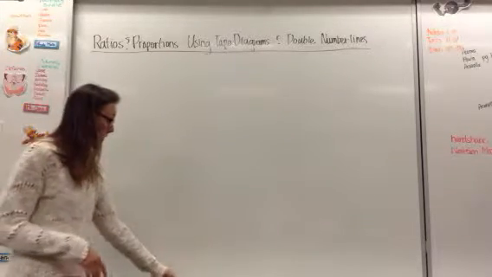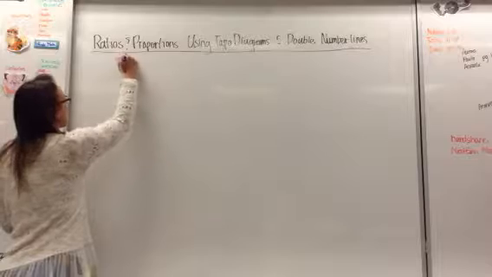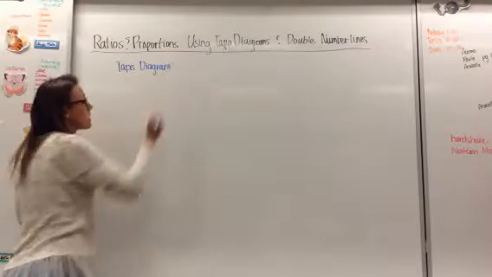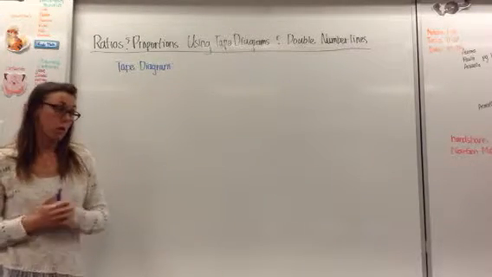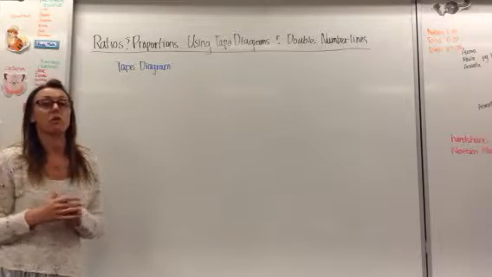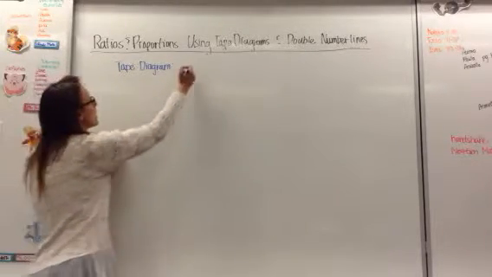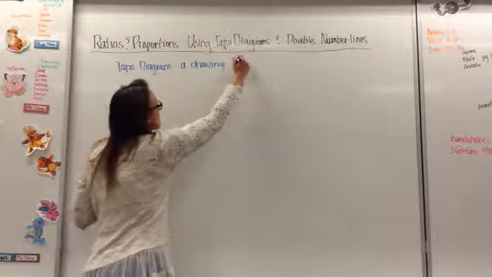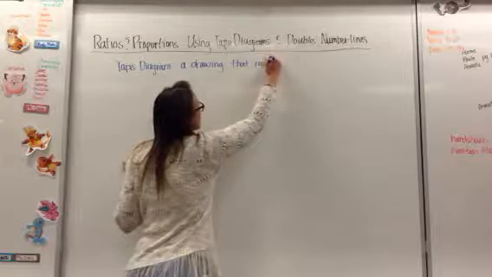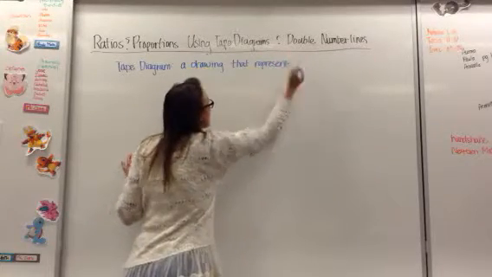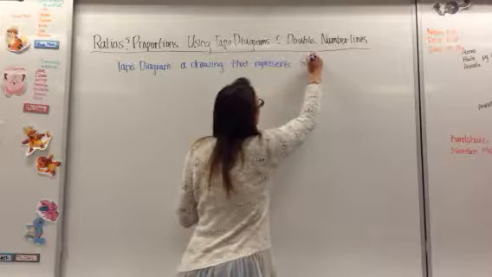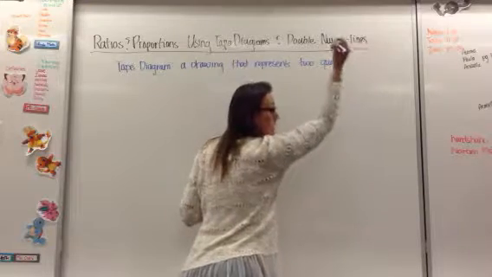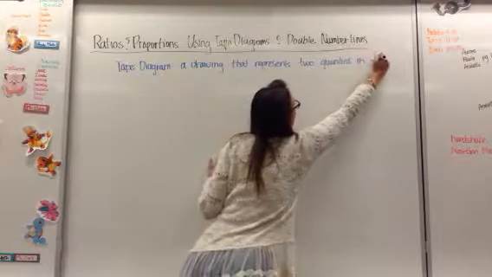Let's define tape diagram first. A tape diagram is a drawing that represents two quantities or numbers in a ratio.